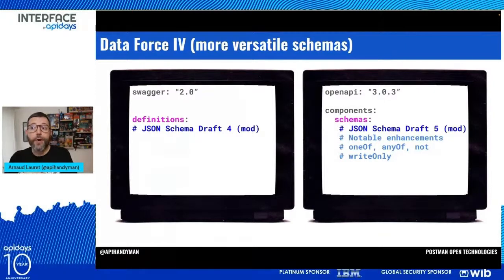And there is also the writeOnly property that allows you to tell that this property is only used on a write operation. There was readOnly in the Swagger 2 version, but not writeOnly. And with the combination of the two, it's really useful to describe a single schema that will be used both in reading and writing. That makes the specification simpler to describe and simpler to use.